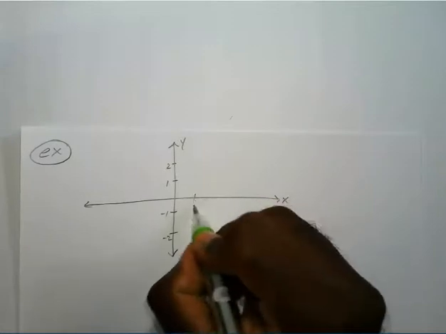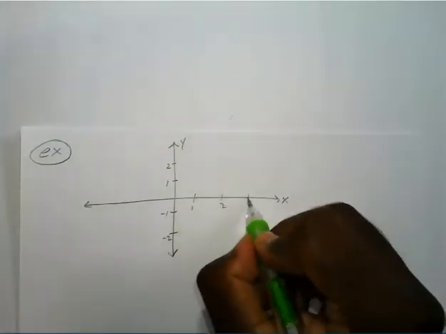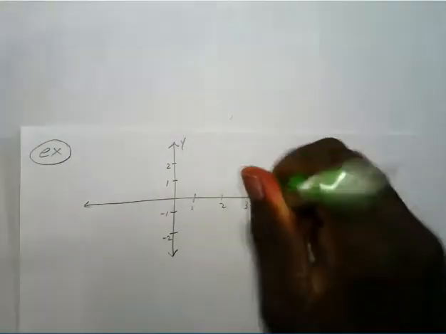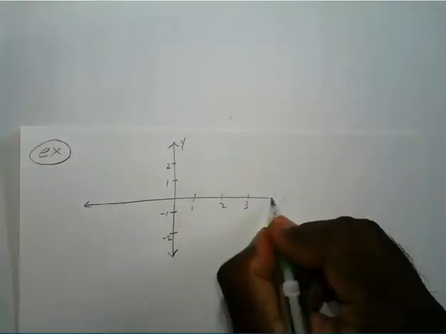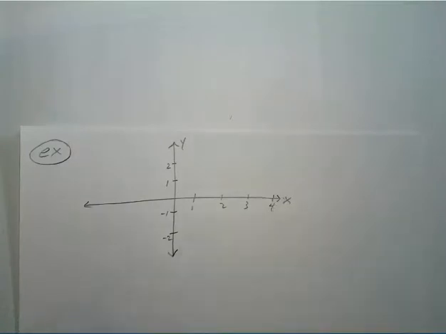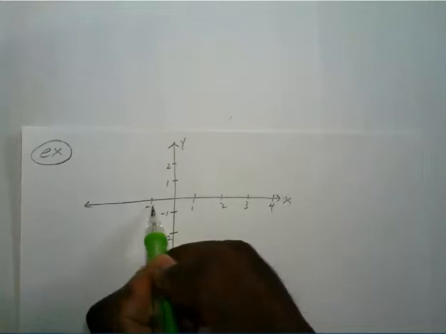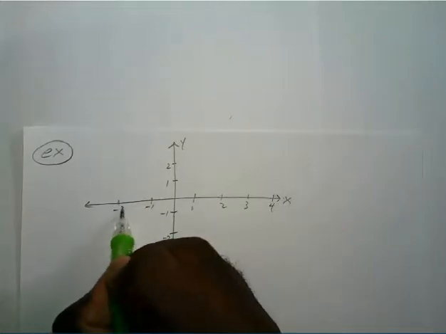For our x-axis, we have 1, 2, 3, and 4. And let's say for this side we have -1 and -2.